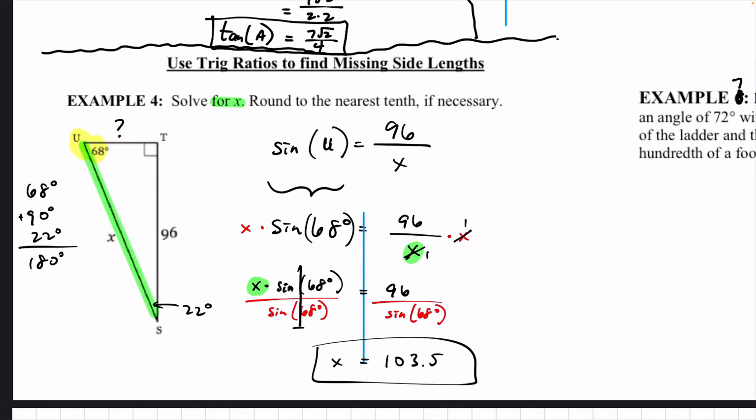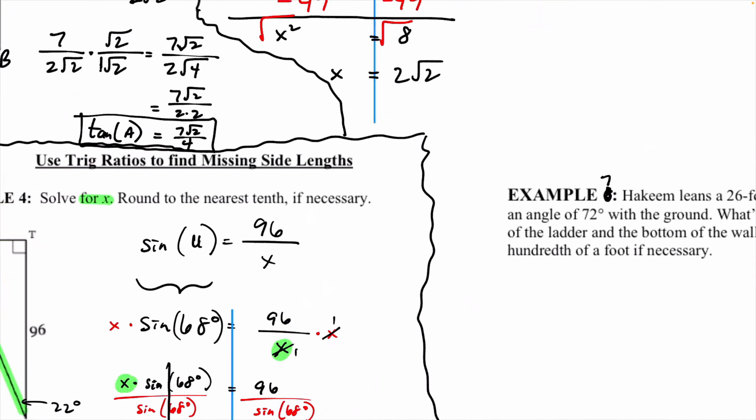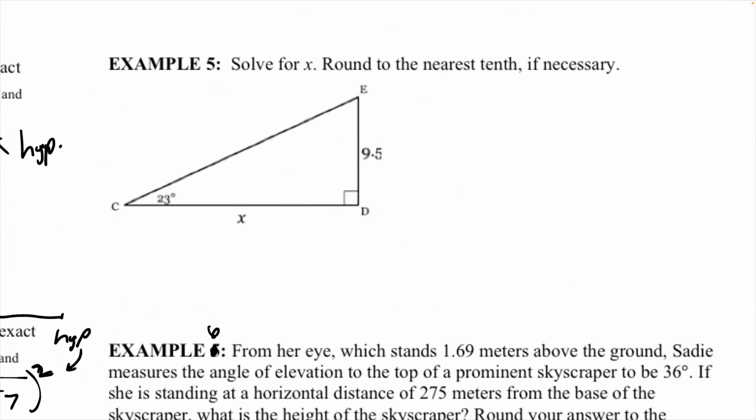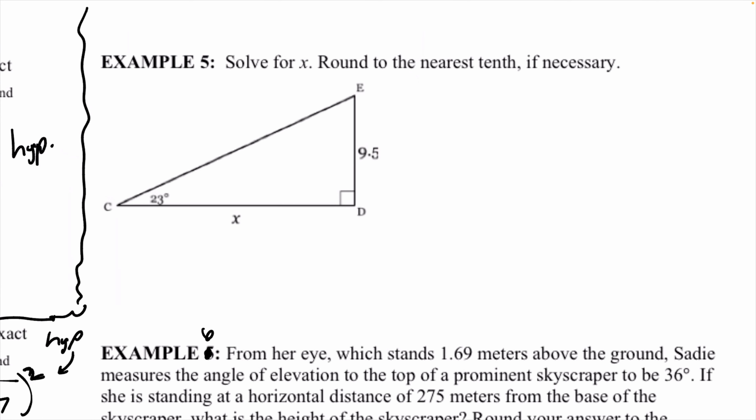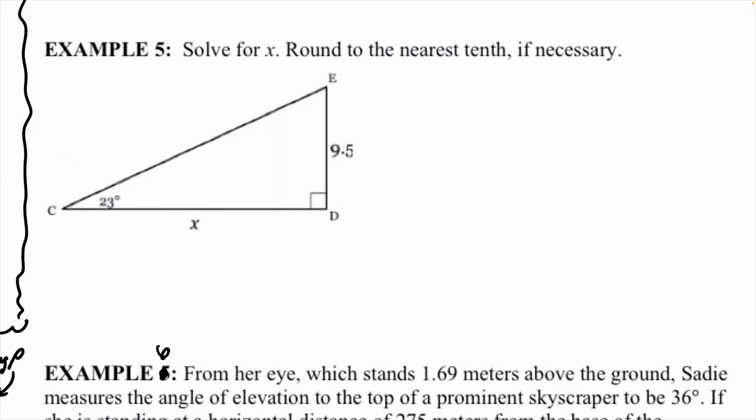All right. Okay, so let's go to number 5 now. Solve for the missing side again. The missing side is this one over here. Okay, so we got a triangle.